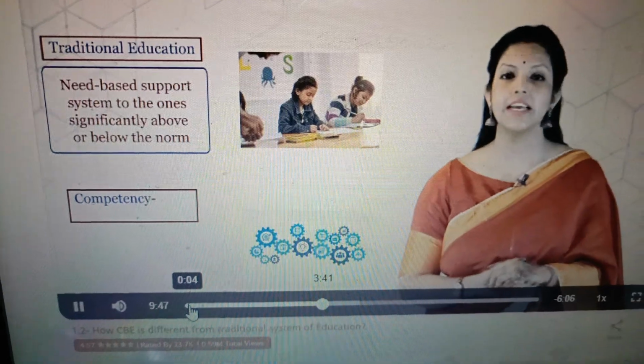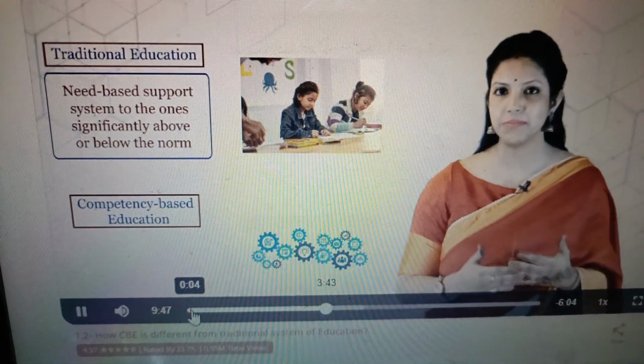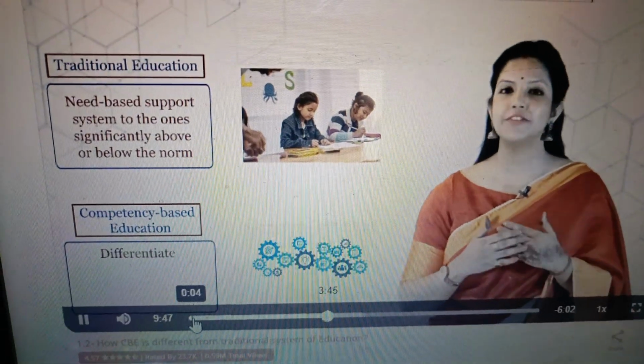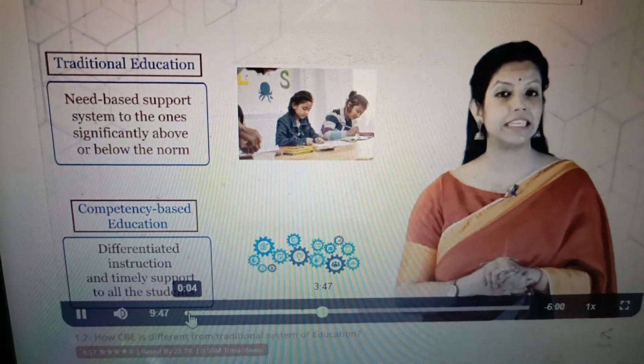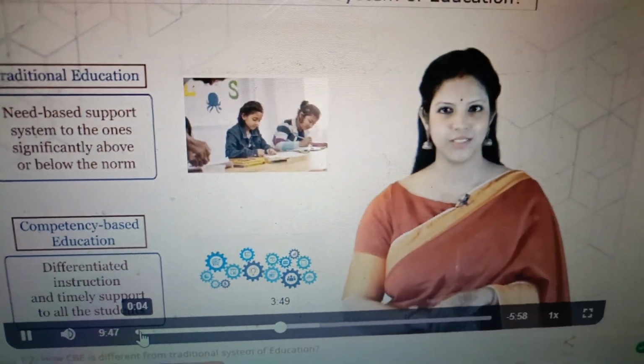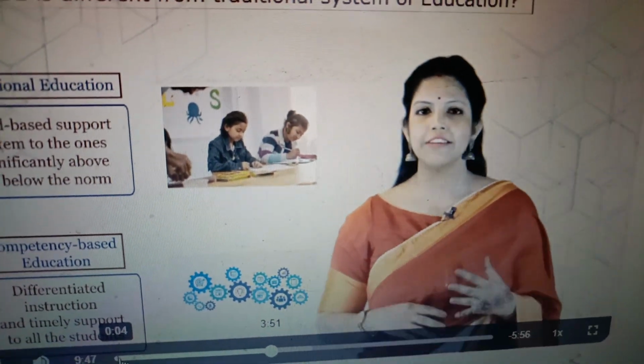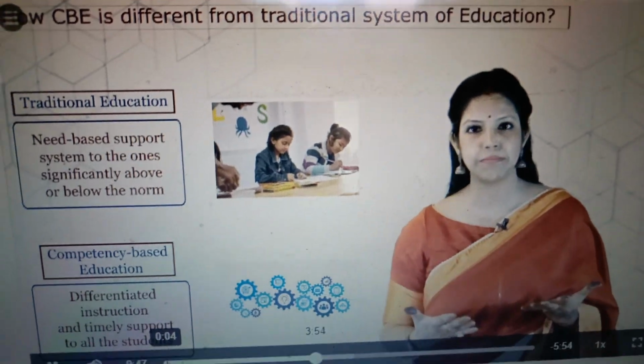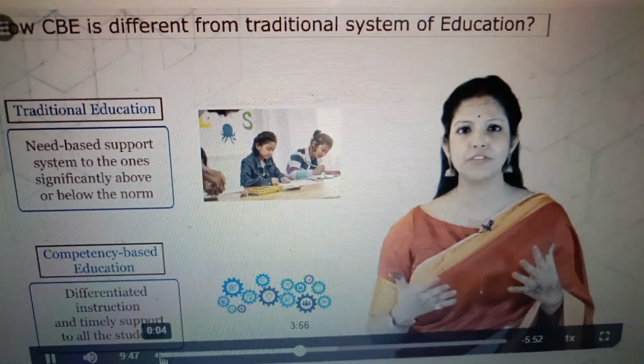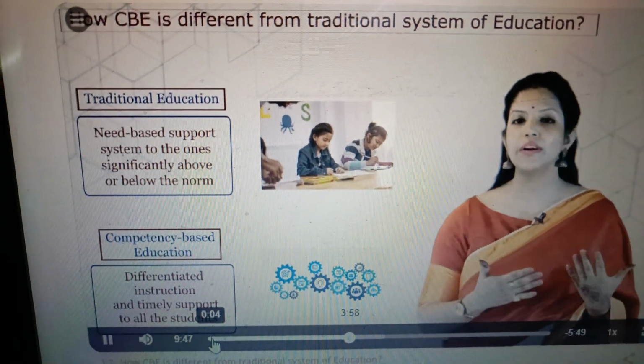In contrast, the competency-based system is designed to offer differentiated instruction and timely support to all the students. It offers flexi time and additional support to students irrespective of their performance below or above the norms.